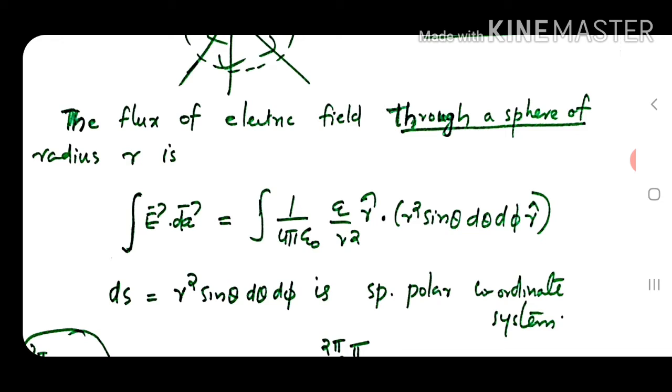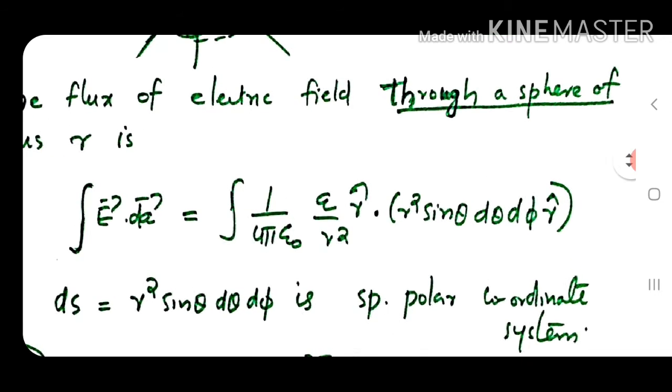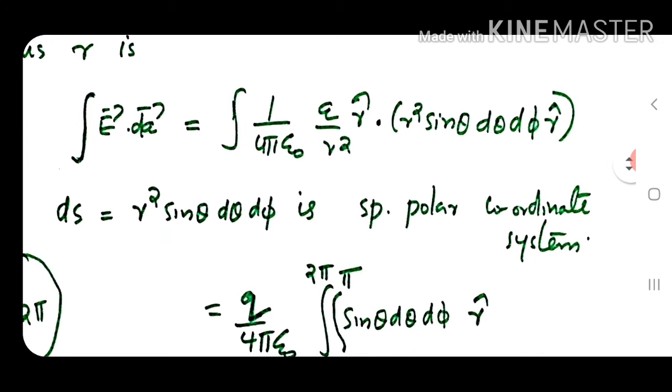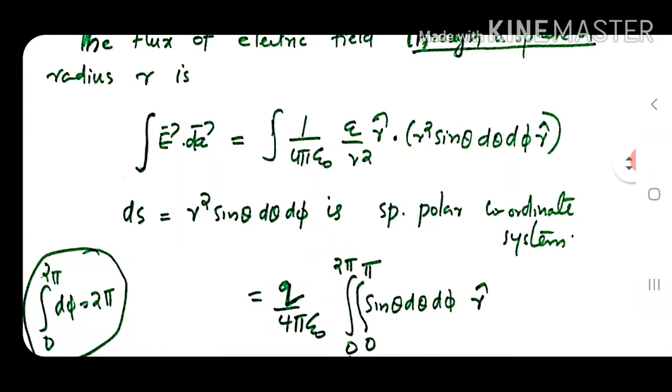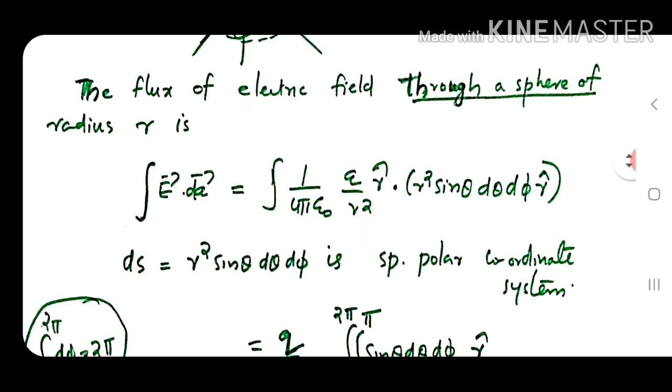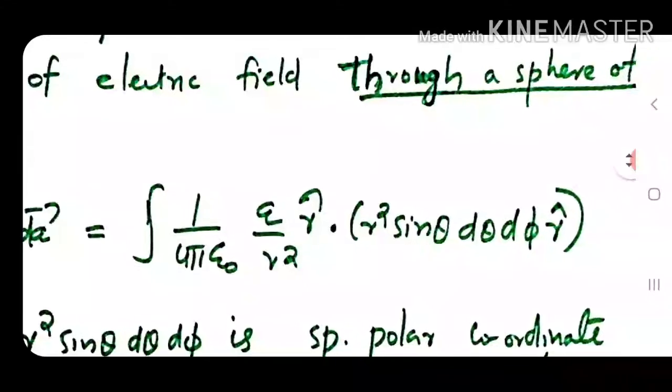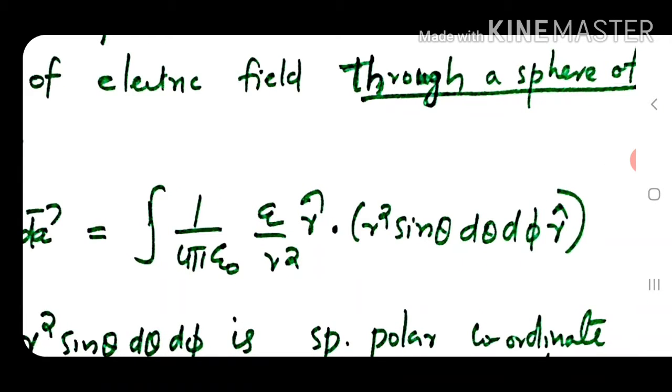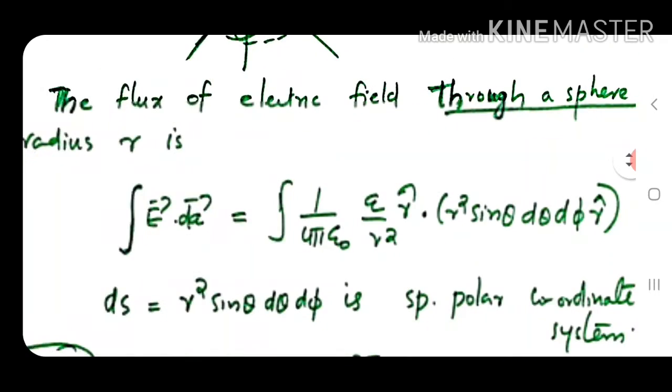The area vector dA has its direction also in the radial direction, shown by the unit vector r. So this is our integral E dot dA. For E we put 1 by 4 pi epsilon 0 q by r square r-hat, and for the area element, r square sine theta d theta d phi r-hat.